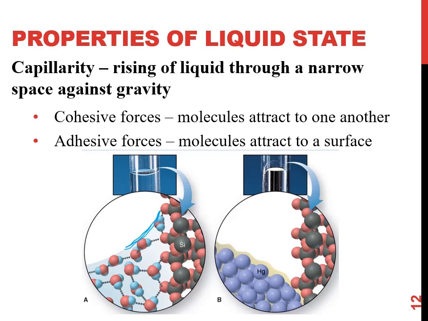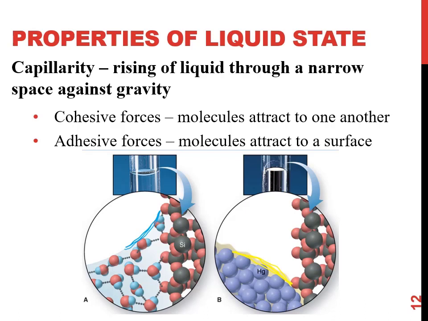Cohesive forces are the opposite. These are when molecules are attracted to one another instead of the surface. So in structure B that we see here, we now have mercury in our glassware. And mercury, since it has different intermolecular forces than our glass does, is more attracted to itself than to the glass surface. So these would be our cohesive forces.